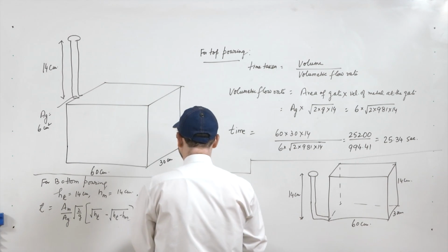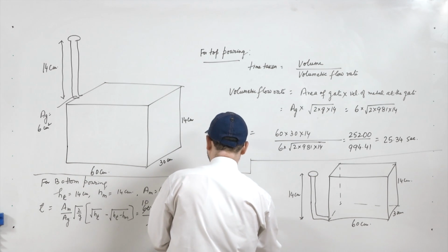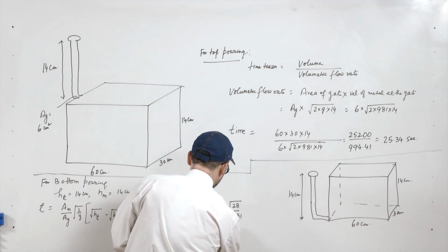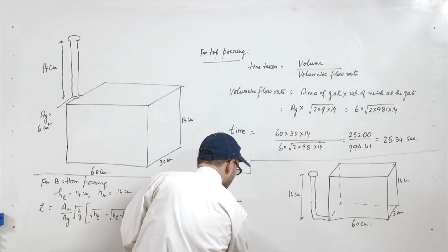So, that will be 0.1689. So, it into 300. So, it is 50.68.